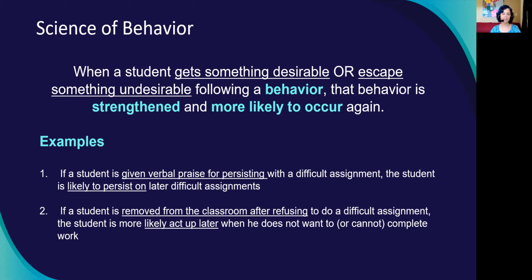We've given them something that's actually strengthening the behavior we don't want to see, which is removing them from something that was giving them stress, a difficult assignment. So we want to be careful that we're encouraging students and we're providing reinforcements for the behaviors we want to see rather than those we don't want to see.